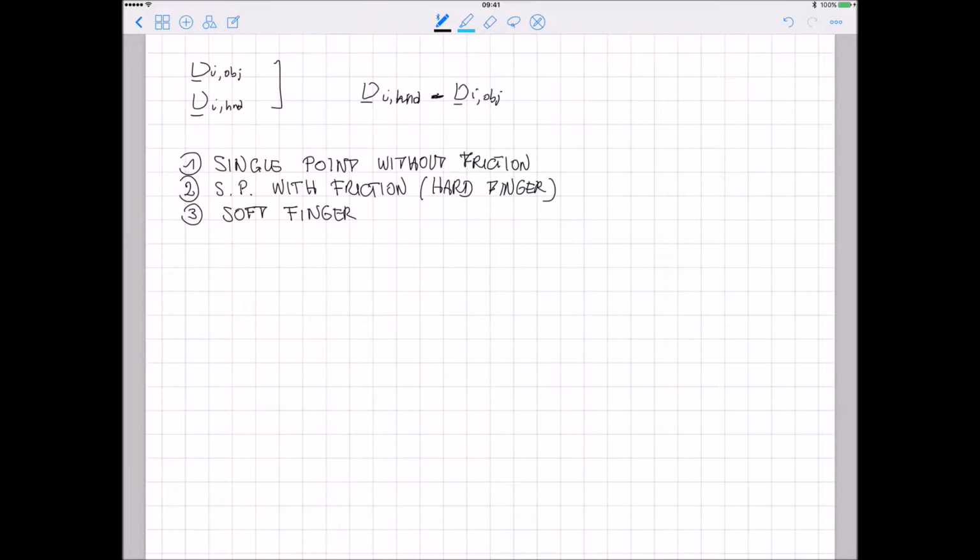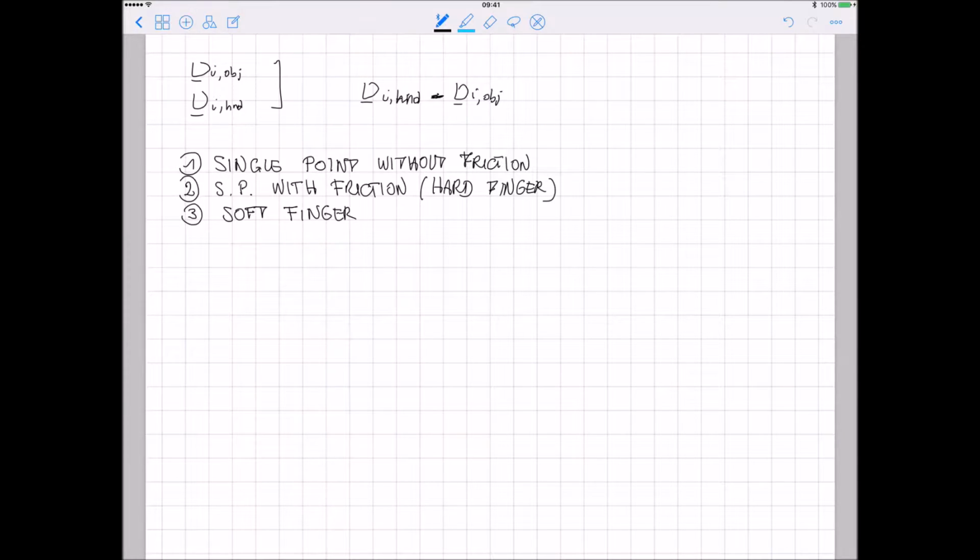This is typical, for example, when I consider soft materials like rubber, but also in biomechanic models of the hand, because our hand is composed of muscle and skin, so it is deformable. So the soft finger has to be used in this case when I have a soft surface, for the finger and or for the object.